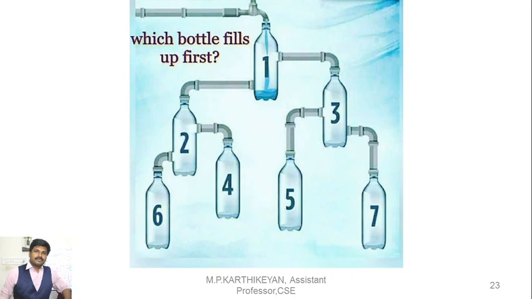Okay. So after seeing this image, students, you can type your answers in the chat box. Good. Excellent answers. I think this is a very easy question. Everybody has responded instantly.